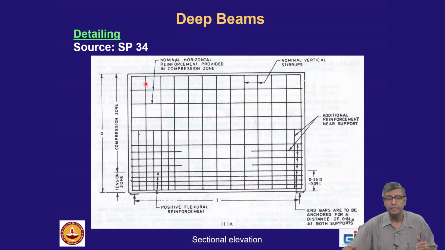Also, we need distributed steel throughout the height, not just for temperature and shrinkage effects, but for the struts to perform properly. We do not want the cracks to expand as the load is increasing. And to check the growth of the cracks, we need both horizontal as well as vertical steel.